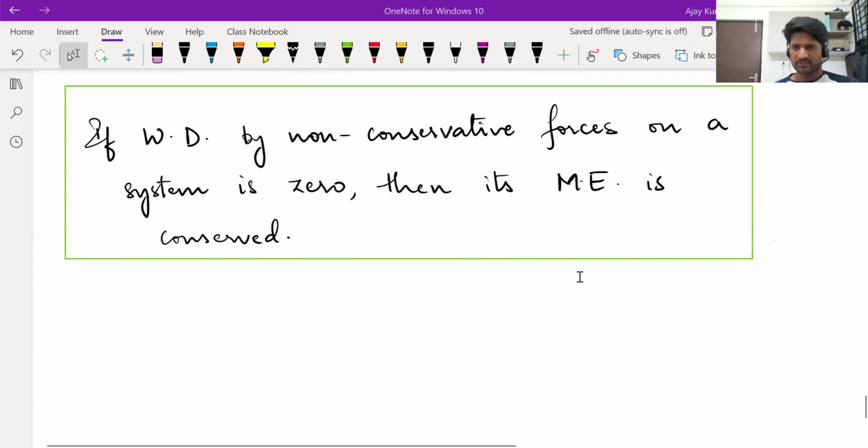So in a process, in a certain displacement or a certain rearrangement of a system, if the work done by non-conservative forces is zero, then you can say that the system's mechanical energy remains conserved. And how do we apply this? Can one of you recollect and tell me, how did we apply momentum conservation? I'm not asking in which situations we applied, but how do we write the equation for momentum conservation?